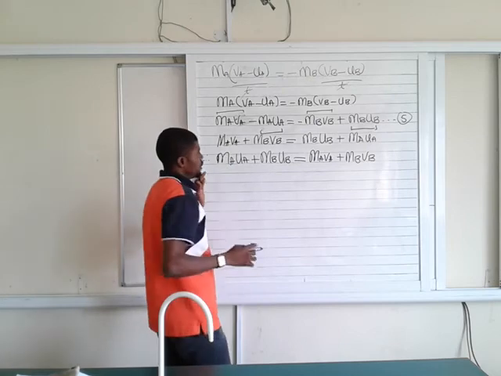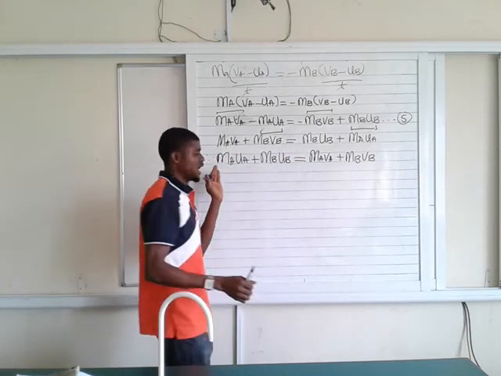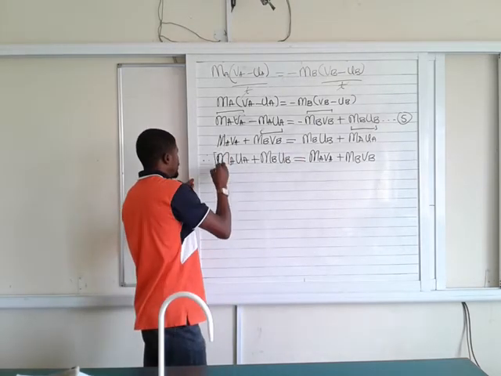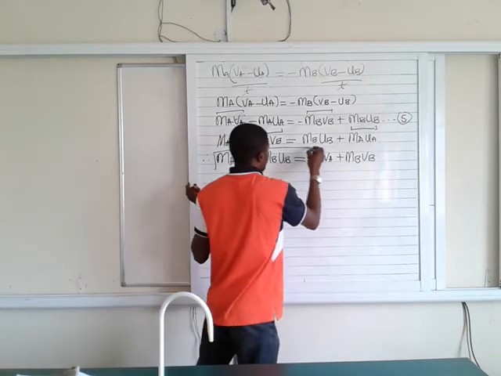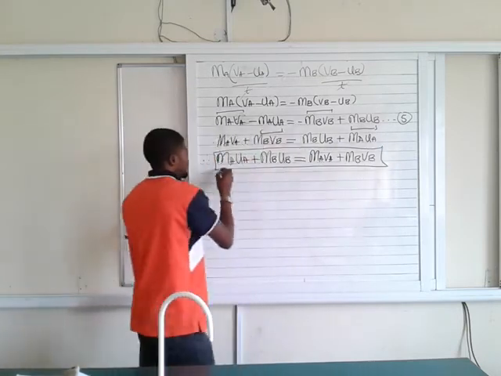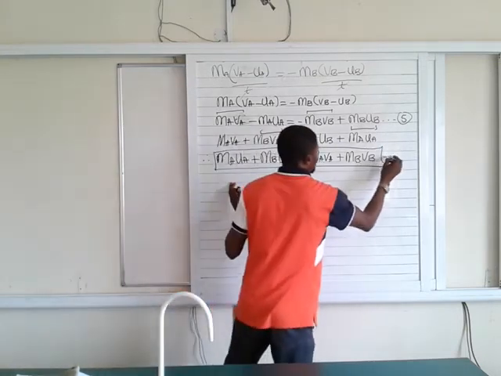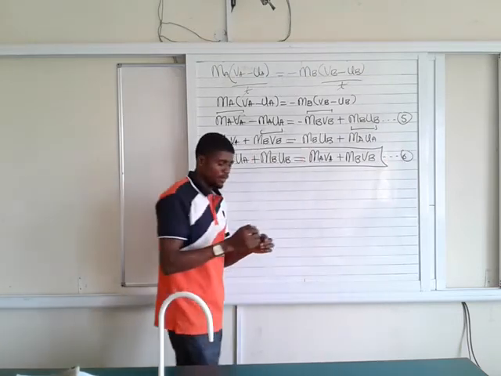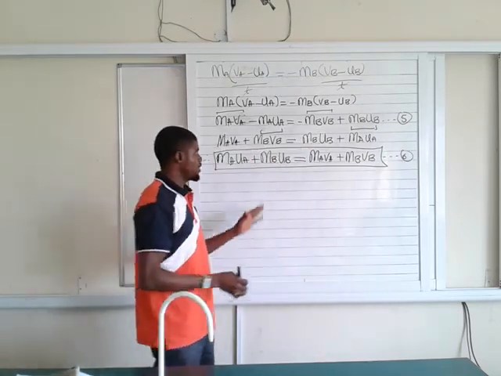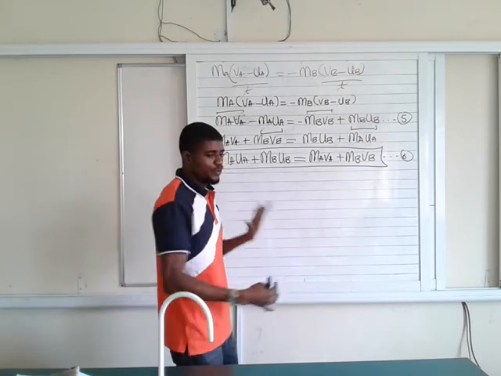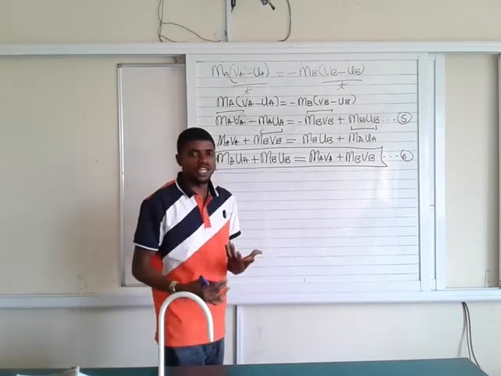Therefore, the law of conservation of linear momentum is stated in this equation. Call this equation number 6. I will explain this equation and then in our next video we're looking at how to use this equation to calculate.